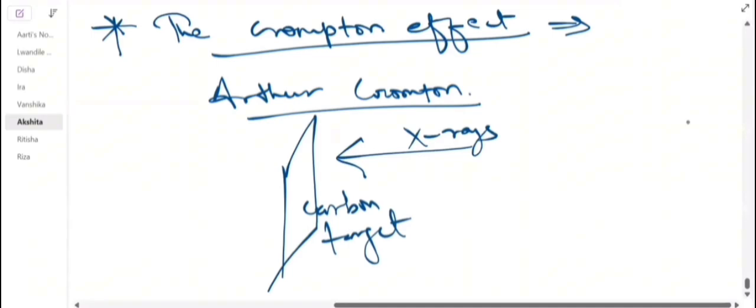The effect cannot be explained by a diffraction pattern, but the greater the extent of the scattering, the higher the wavelength becomes for the X-rays. Understood? It means if scattering is high, the wavelength will also become high.